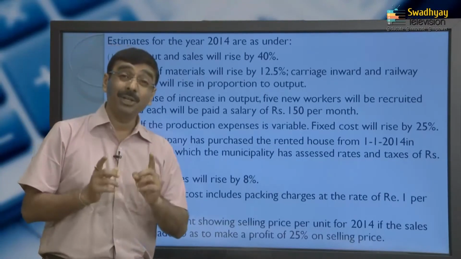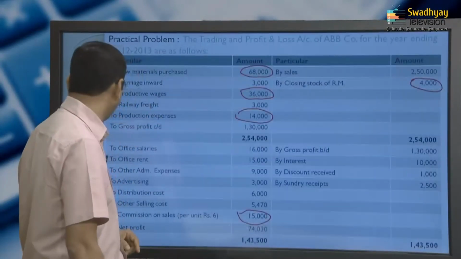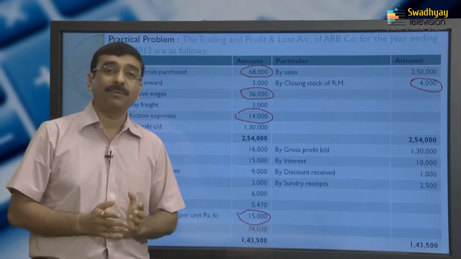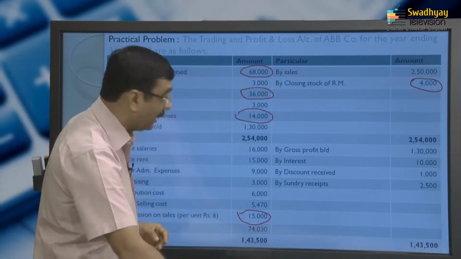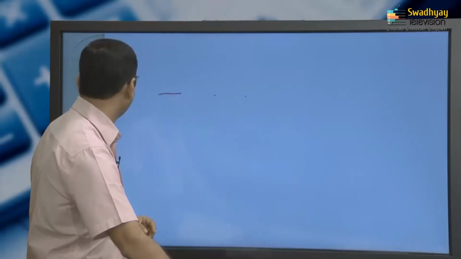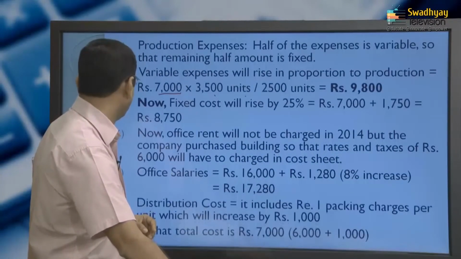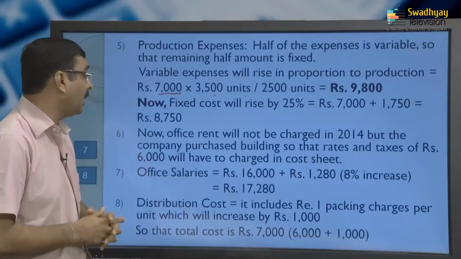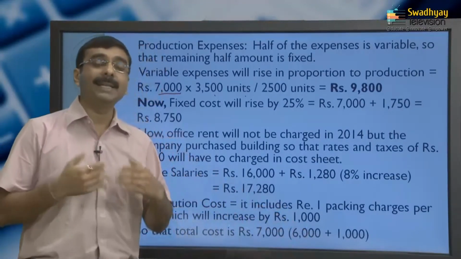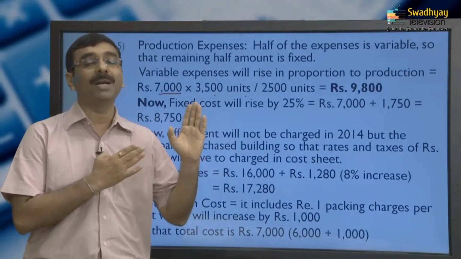Distribution cost. Now see here, the distribution cost which was actually calculated here was 6000 rupees. So at that point of time, whatever the distribution cost was incurred, now we'll just find out what would be the change in the year 2014 and how it was calculated. So here, the distribution cost includes rupees 1 packing charges per unit which will increase by rupees 1000. Why is it increased by 1000 rupees? Because in the year 2013 they manufactured 2500 units.